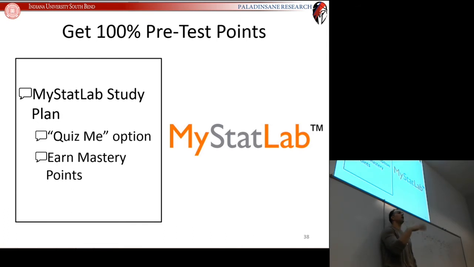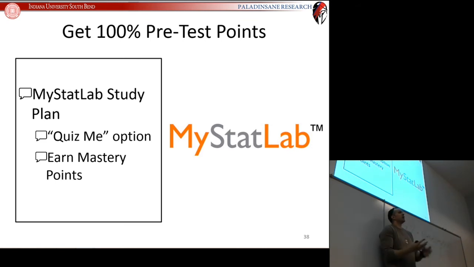And if you earn 100% on the mastery points, like you get 3 out of 3, I will bump your pretest score to whatever your mastery points are. So if you get 50% on your pretest, but you get 100% on your mastery points, I will correct your pretest score to be 100%.